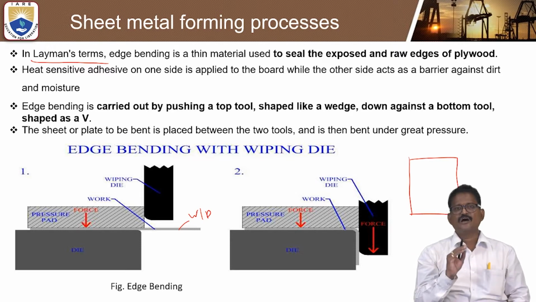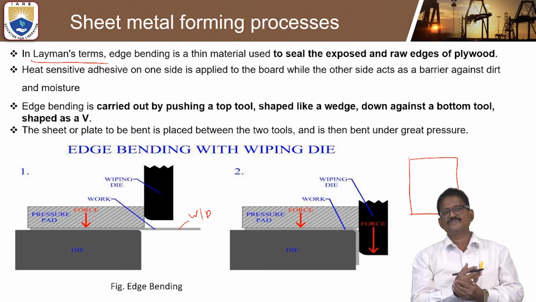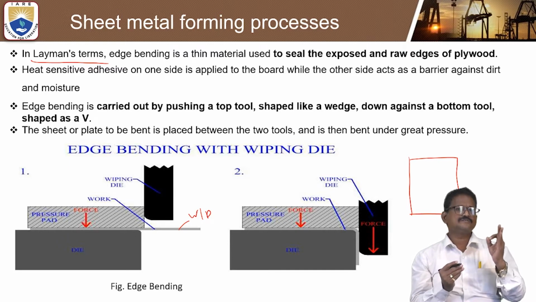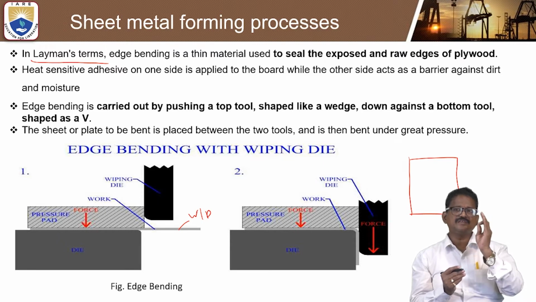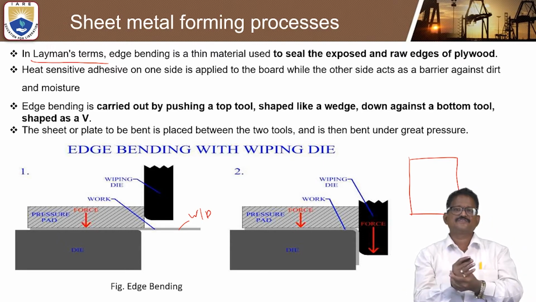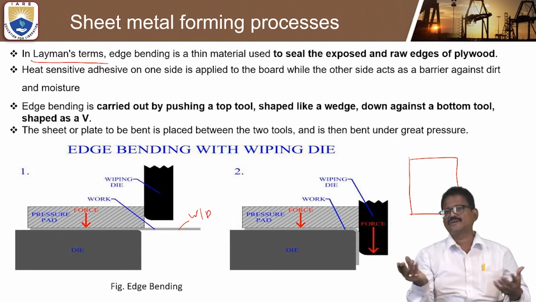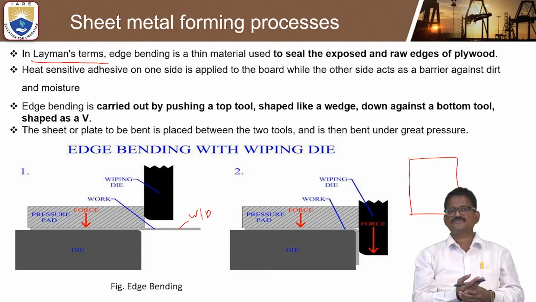This is how edge bending with a wiping die is used. According to layman's terms, it can be used with very thin materials to seal exposed and raw edges of plywood. The workpiece is cut as plywood, and some sheet can also be used.